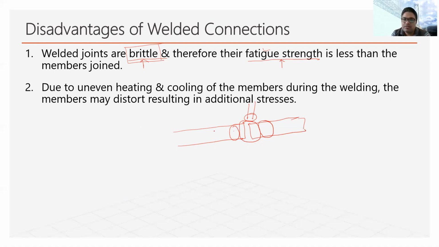But as the adjacent part will be solid and cool, it will resist the expansion, and therefore the joint or the member may distort. So we apply some remedial or pre-remedial actions so that such distortion can be minimized or may not occur. That is also a disadvantage of welded connections.